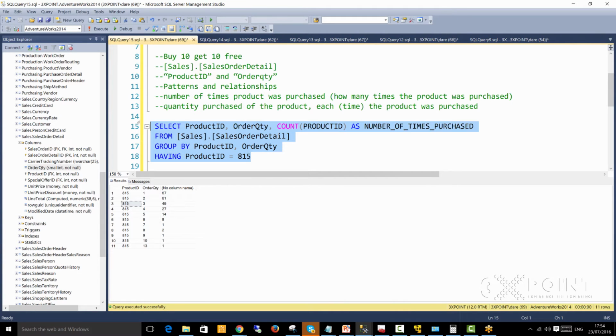So if you run this, now we have number of times purchased. So 815 was purchased 67 times when the person came to buy 1. 815 was purchased 61 times when the customer bought 2. When the customer bought 13, we only have one occurrence of that.